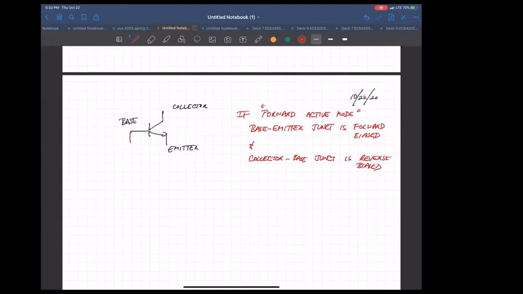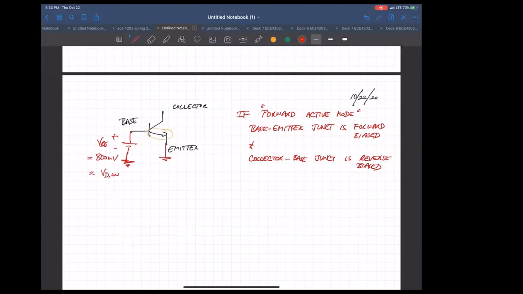If you do that, say emitter is connected to ground, and you put a VBE here that's sufficiently high to turn on this base-emitter junction, let's say we make this VBE 800 millivolts, which, if you remember, is roughly like the VD on of a PN junction, like a diode.